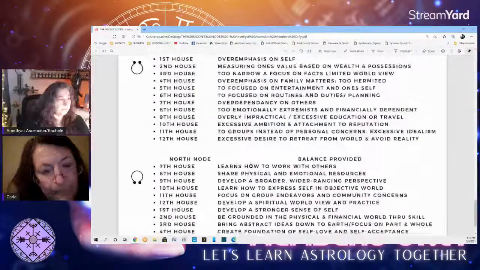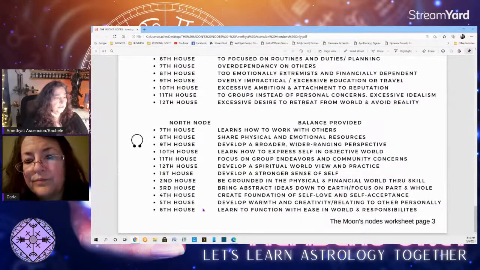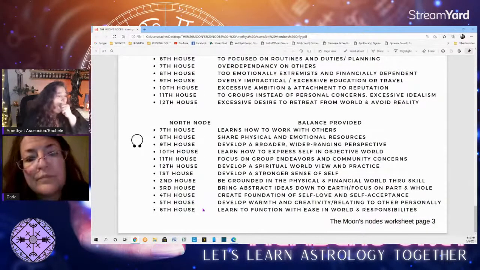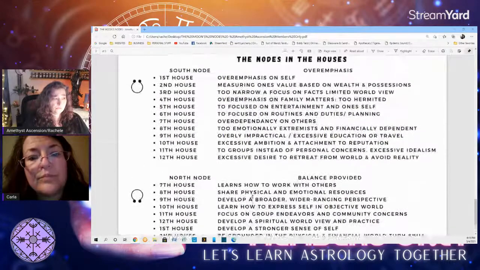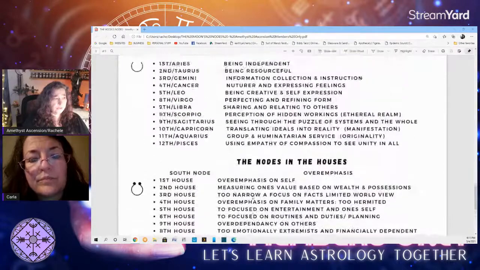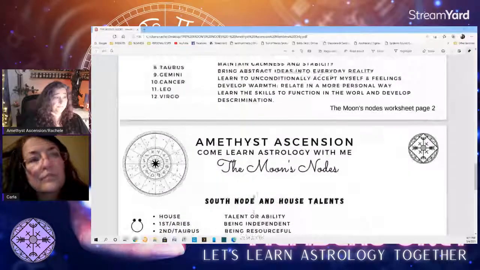Let me go down here. All right. His North Node is in the 6th house. Yes, the 12th house would be his South Node. And his is in Aquarius, so his South Node would be in Pisces.